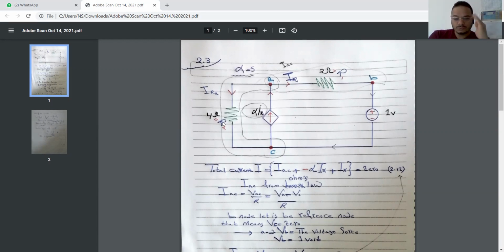After that, we will depend on the total current equation, which will equal IAC.